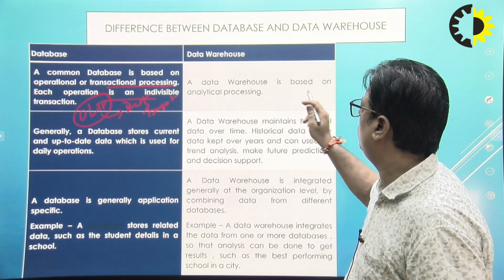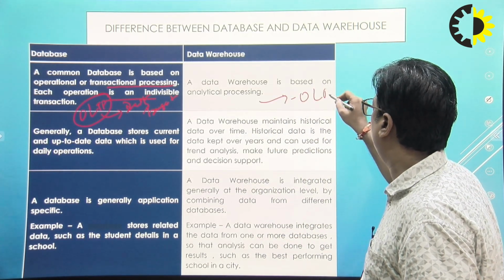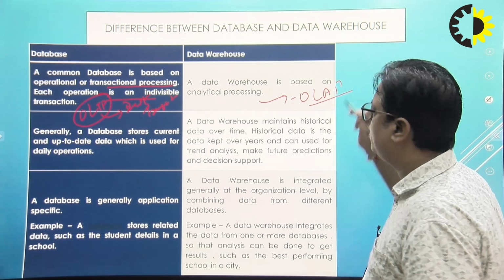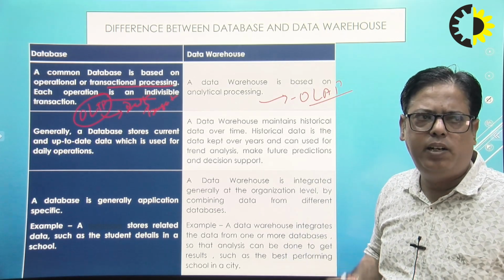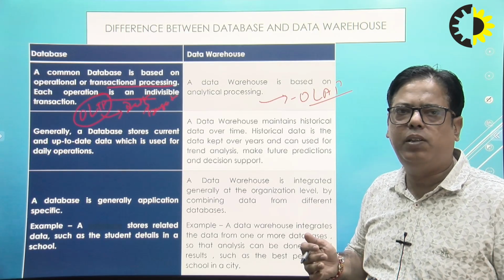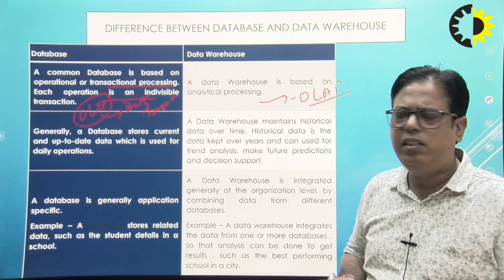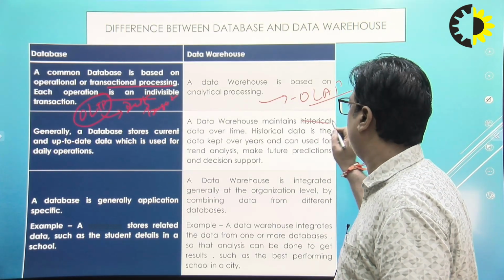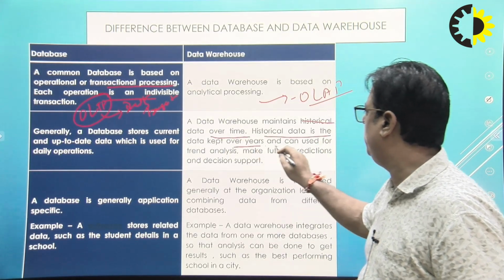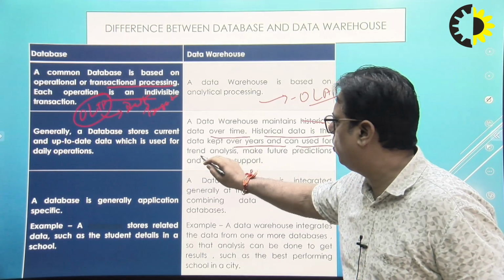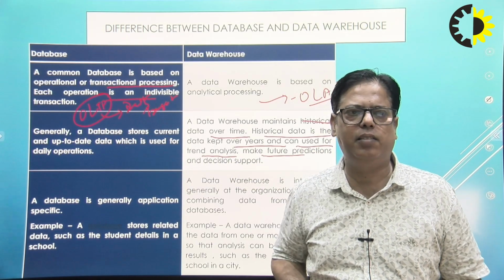A data warehouse is based on analytical processing, and it basically uses OLAP tools to analyze the data. A database stores current and up-to-date data which is used for daily operations and transactions. A data warehouse maintains the historical data over time. Historical data is kept over years and can be used for trend analysis, future predictions and decision-making systems.